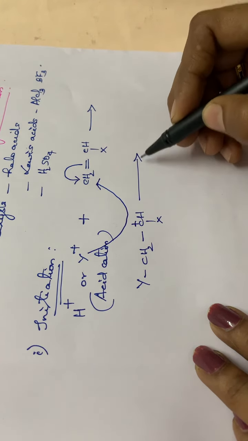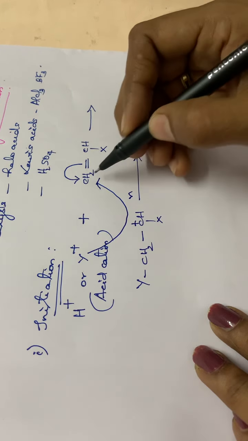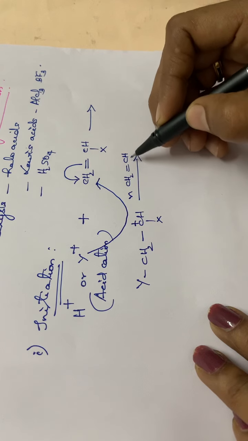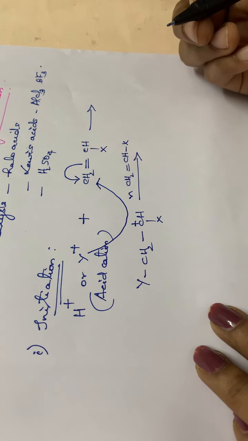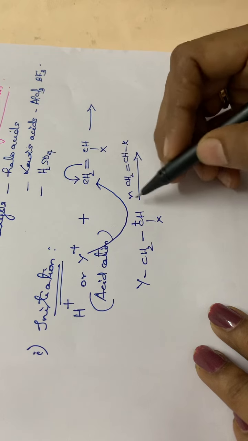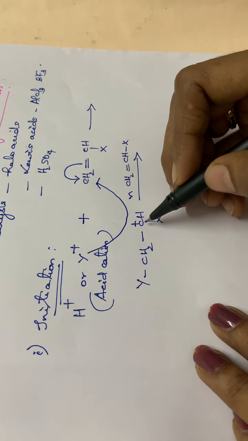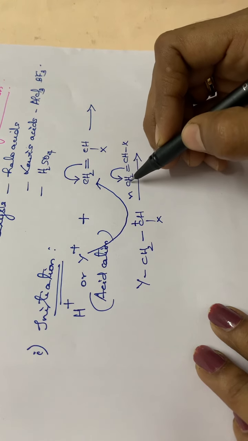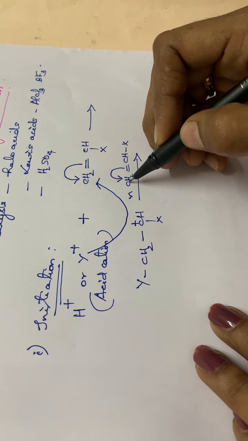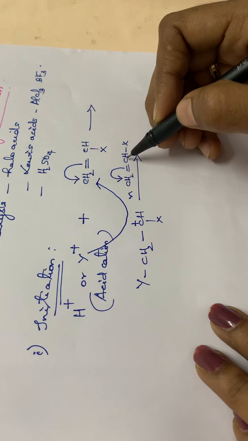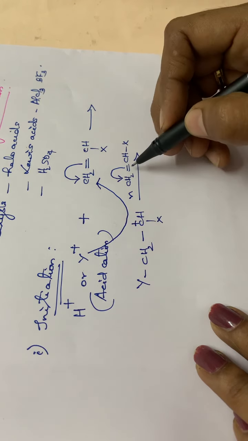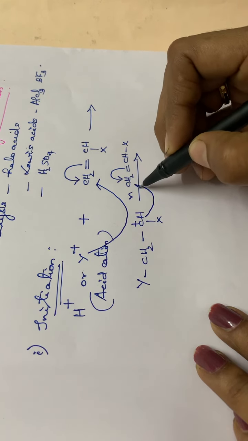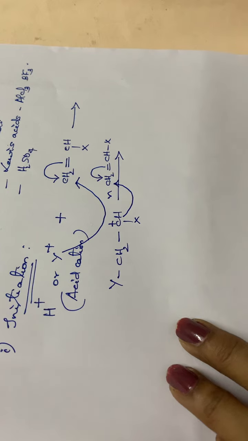Then again the polymerization reaction. N molecules of this compound, that is n CH2 double bond CHX, will be attacking this carbocation. Again the electron pair will be shifting, so that this carbon gets a negative charge and the other carbon a positive charge, and a bond will be formed there.